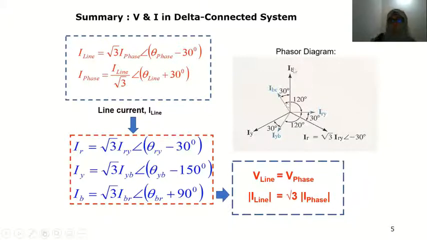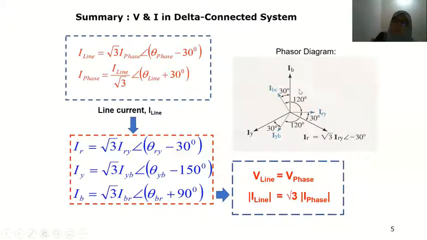And the magnitude of I line is equivalent to square root 3 of I phase. Since there are differences in currents for the delta connection, we see the phasor diagram of the line currents and the phase currents.